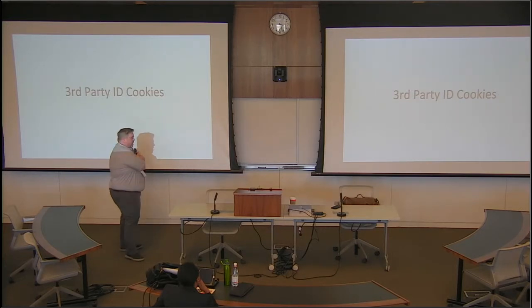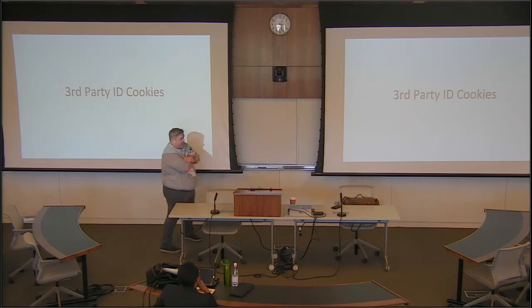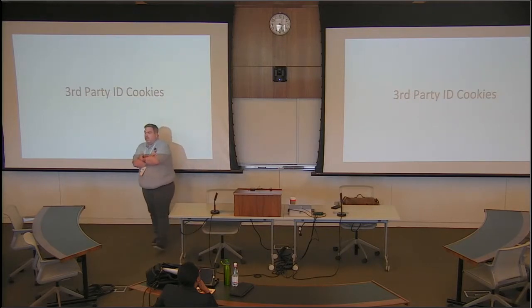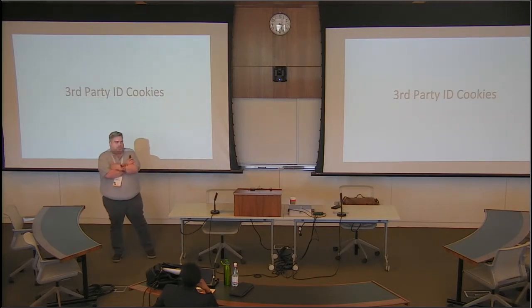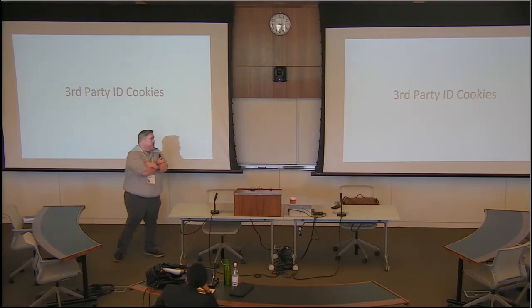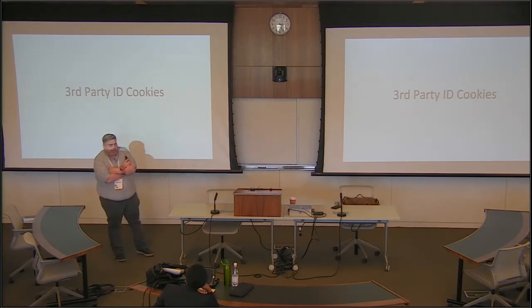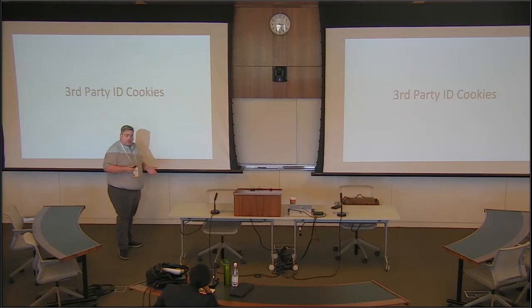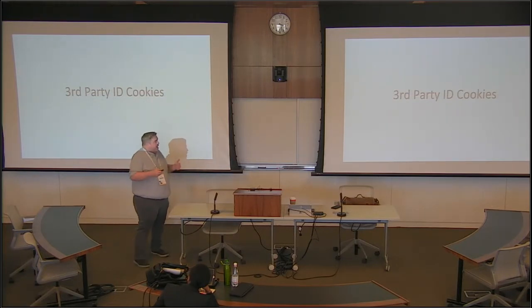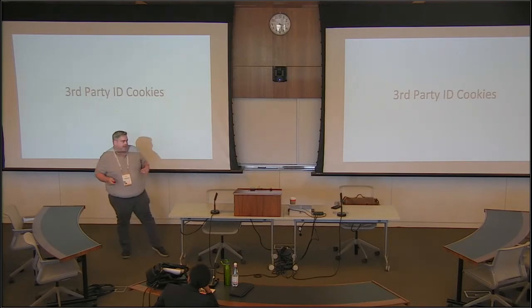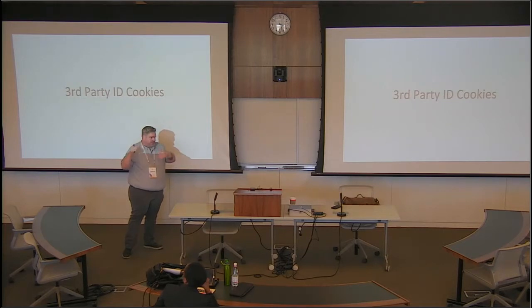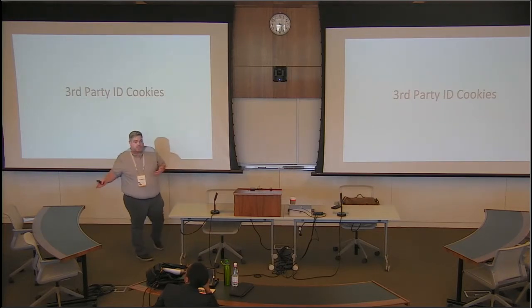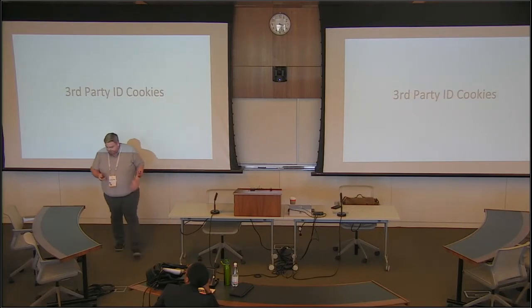The Princeton researchers had an algorithm they used to determine the basis for whether or not something was unique enough with the appropriate length. And so I just duplicated exactly what they did so that my results would be comparable to what they did. And from that, I'm able to identify which of these third-party cookies that are being set could be used to track and identify you. When I say identify, I don't mean your name or your personal information, but that it would know that you're the same person who's visiting all these different sites.